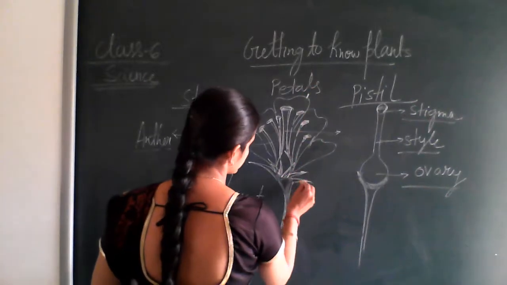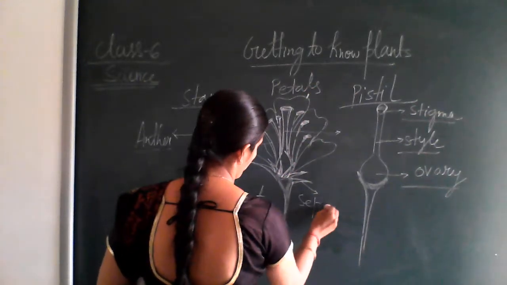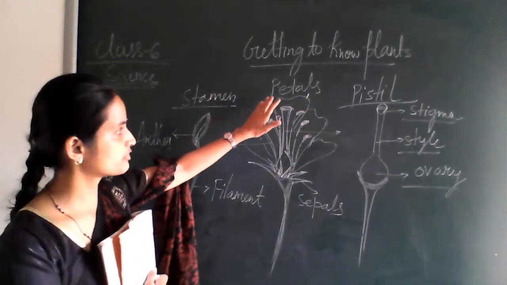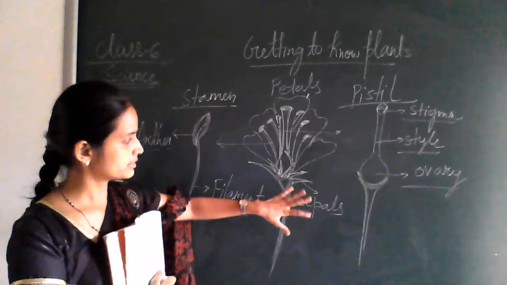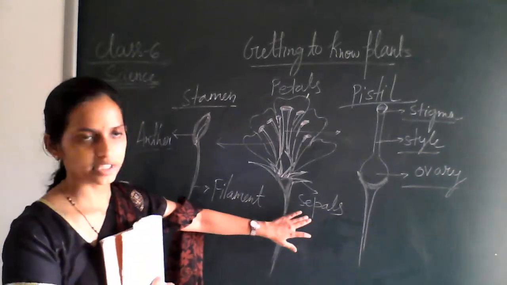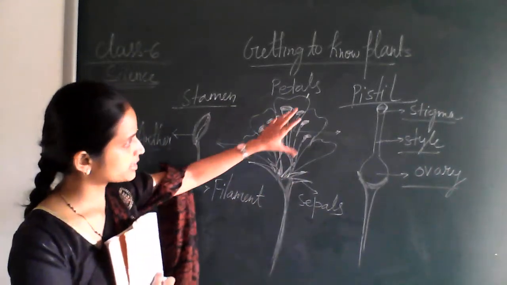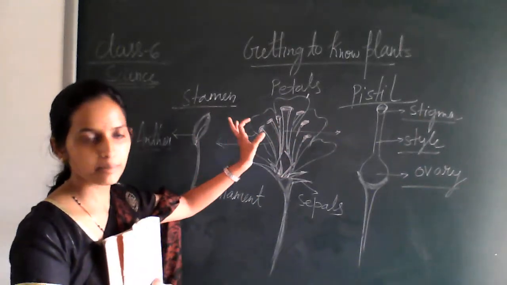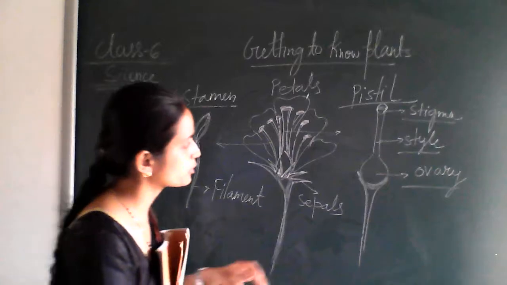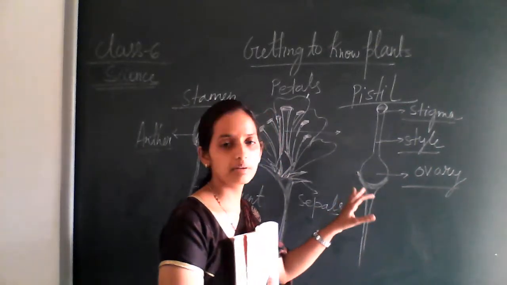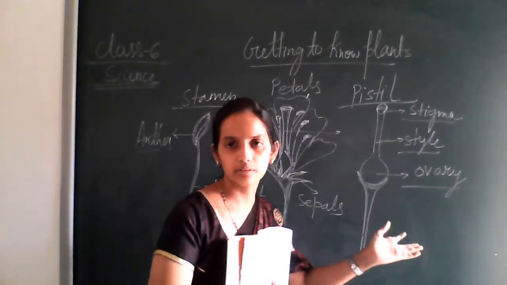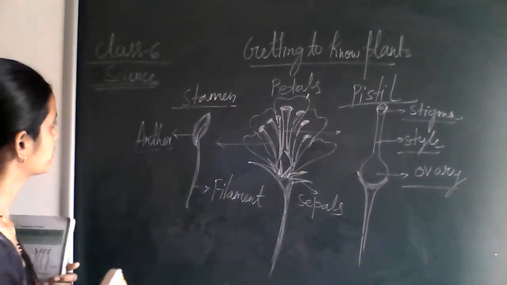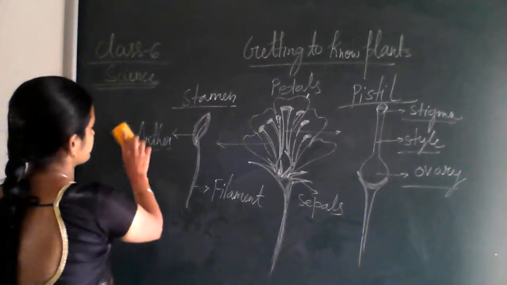These are petals, these are sepals. The outer part of the flower is the petals, then on the lower side the sepals are present, at the center you have the pistil, and around the pistil we have the stamens. Now we are going to see what is present in the ovary.